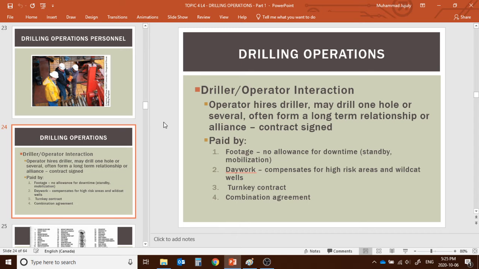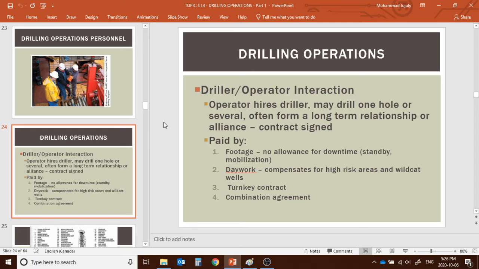The operators and the contractors use one of four basic types of contracts, depending on the assignment, the financial risk, the local market considerations, or the probability of getting oil and gas.